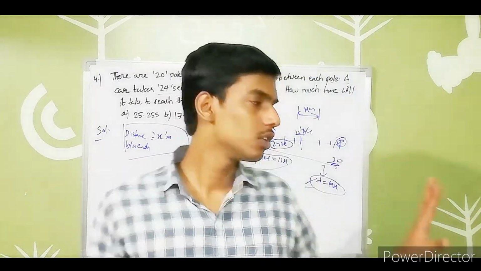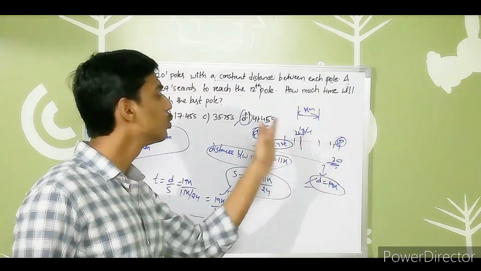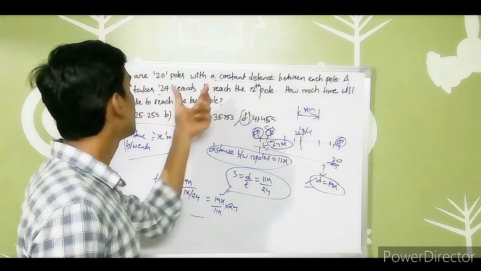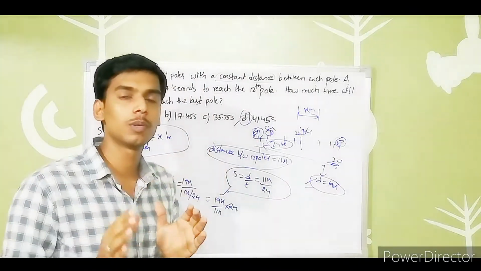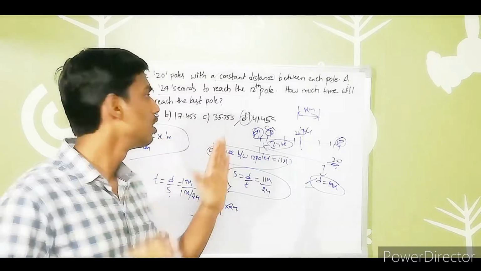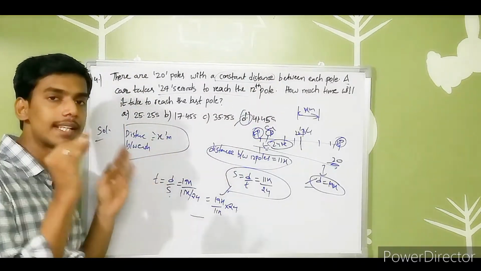They gave 20 poles, and to reach the 12th pole they gave the time as 24 seconds. As we don't know the distance between each pole but they gave the distance is constant, I assumed the distance between each pole as x meters.